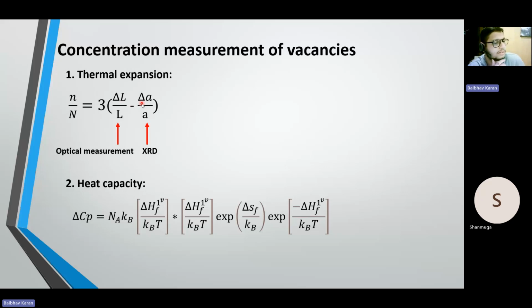The lattice parameter can be found from XRD results, which directly tell you about the crystal and the change in crystal symmetry. The change in length can be found from optical instruments by observing the change in length of the material. This can give you the number of vacancies created during thermal expansion.